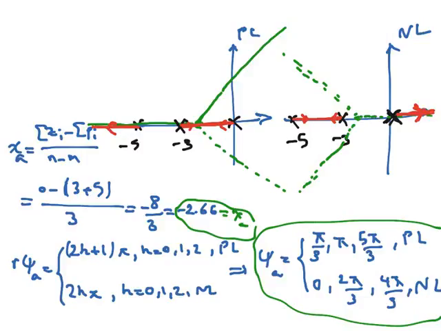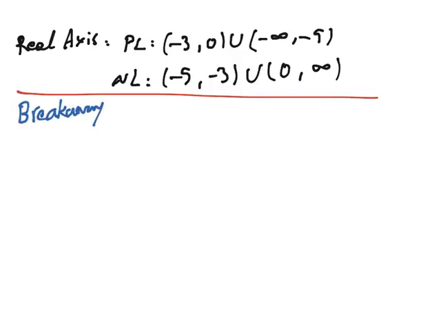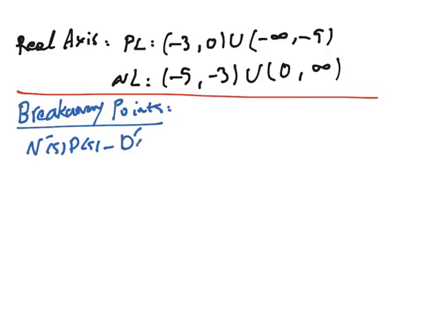Now we need to determine what are these breakaway points. You know that in order to obtain those points, we need to solve this equation, n prime d minus d prime n, and we need to set it to 0. We already know that n is equal to 1. Accordingly, n prime is equal to 0.